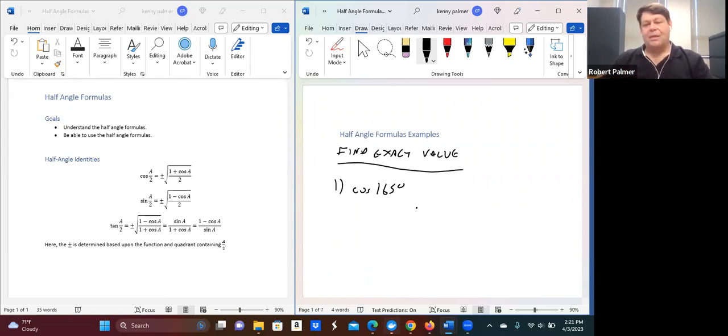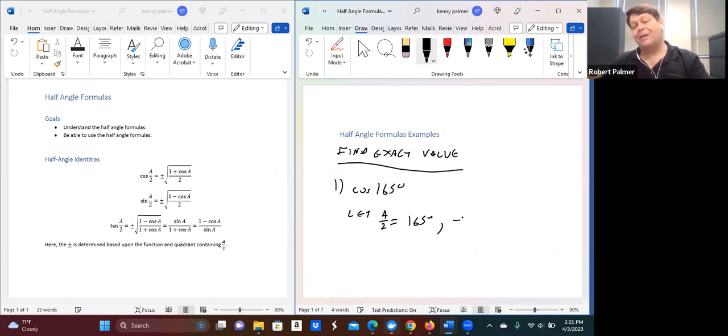Now, the cosine of 165 degrees, that angle is not one that you might commonly see on the unit circle or a special triangle. So we're going to use the half angle formula. We're going to say, well, let A over 2 be equal to this.